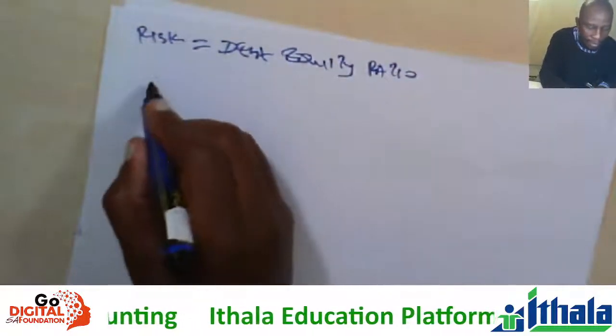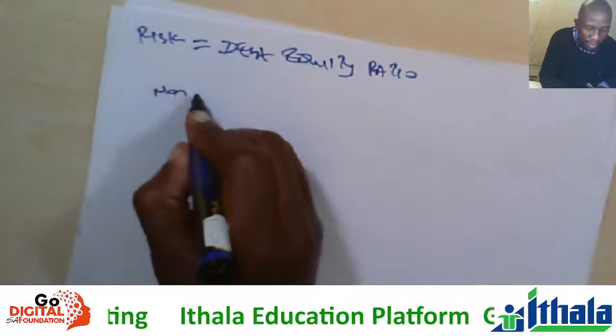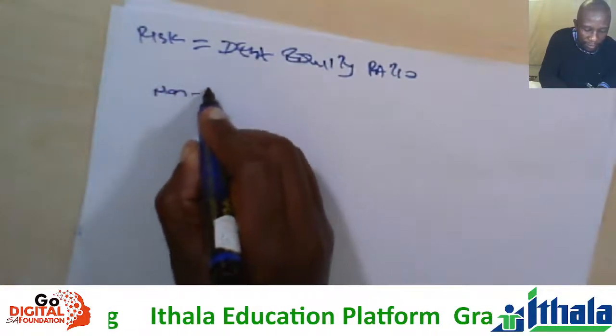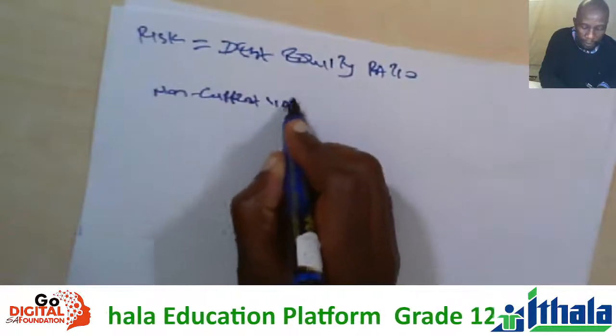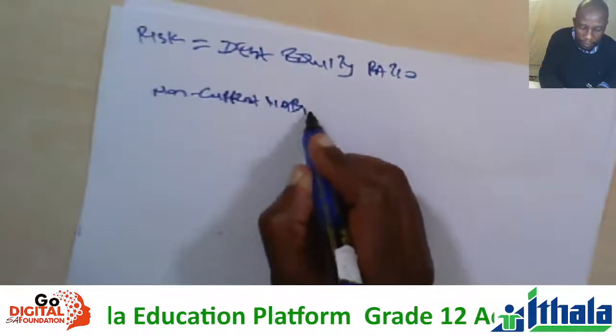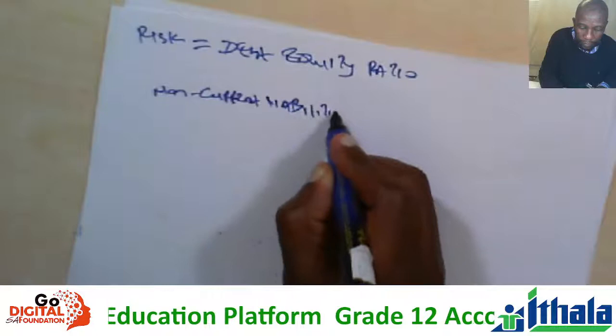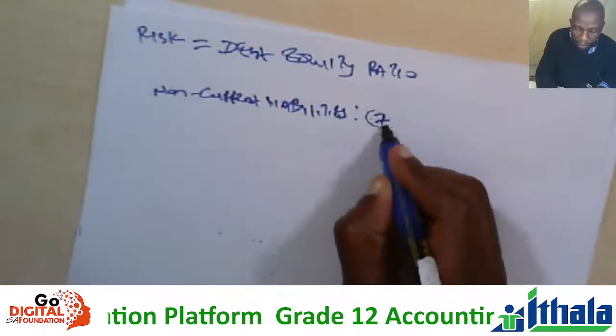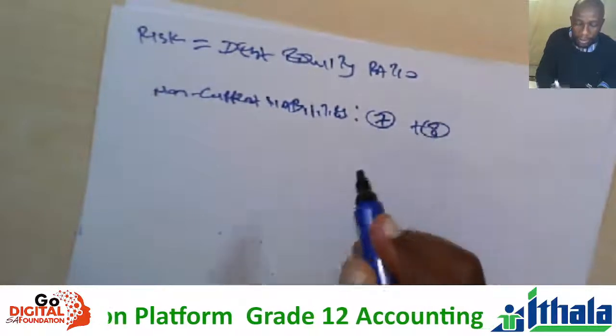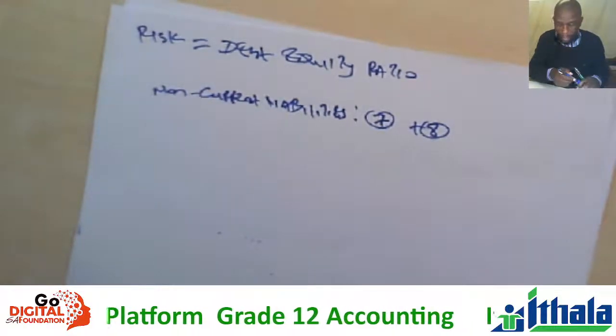Then the formula is non-current liabilities to note number 7 plus note number 8. What is note number 7 and 8?